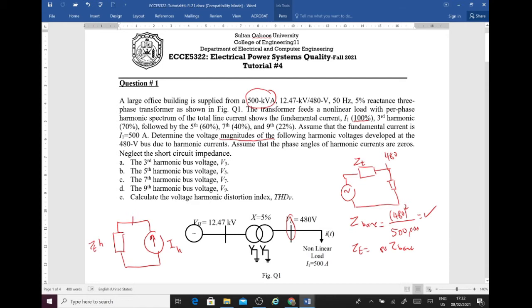So to calculate the voltage, we need to find the impedance, and then multiply it by the third harmonic current, 5th, 7th, 9th, and that will give us the different harmonic bus voltages, and then we can calculate the total harmonic distortion for the voltage.